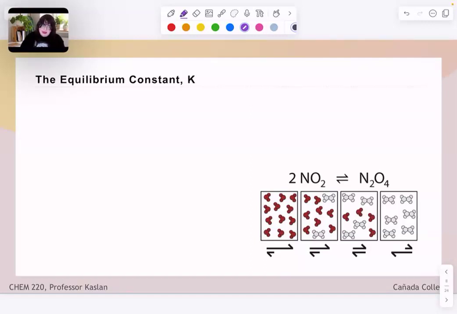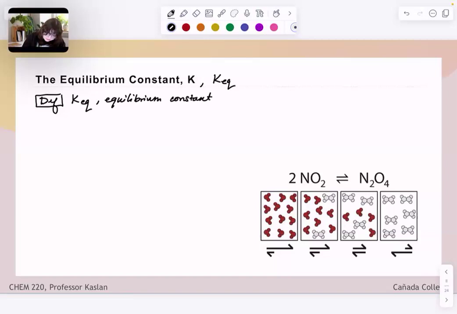And what we have is this notion of the equilibrium constant K, generally written K_eq. So let's define the equilibrium constant K_eq.